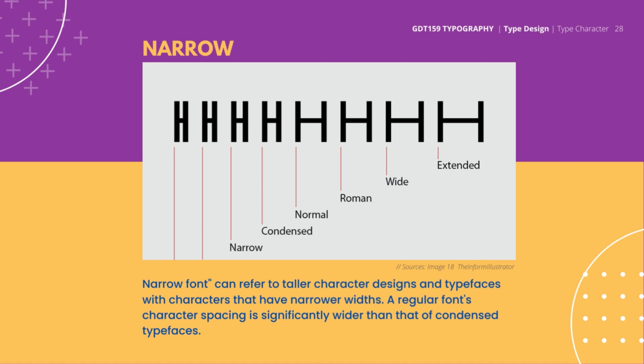Narrow. As you can see in the picture on the slide, a narrow font can refer to taller character designs and typefaces with characters that have narrower width. A regular font's character spacing is significantly wider than that of a condensed typeface.